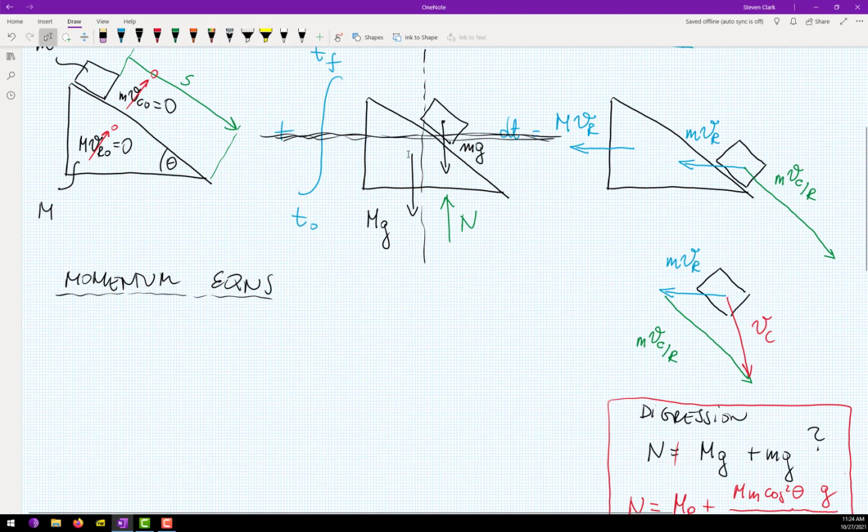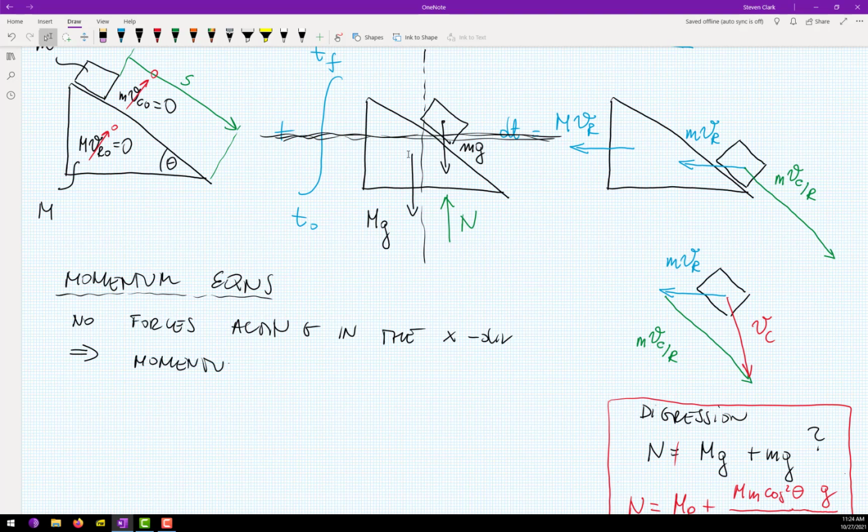No forces acting in the horizontal direction implies that momentum is preserved in the x direction.